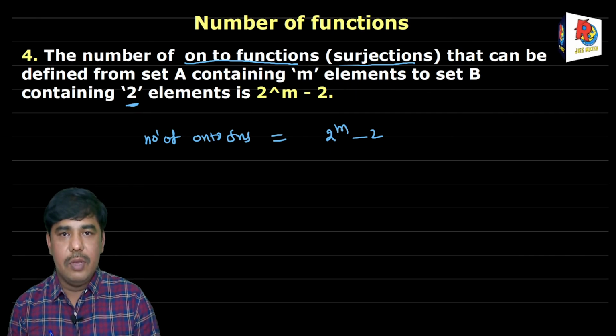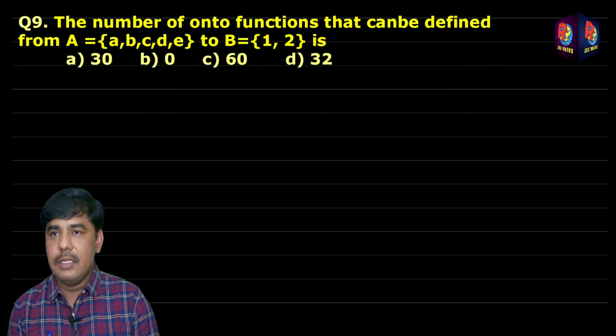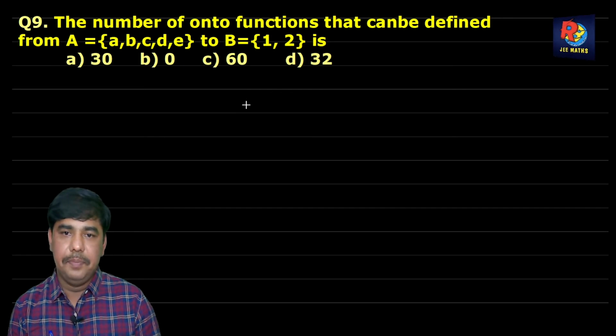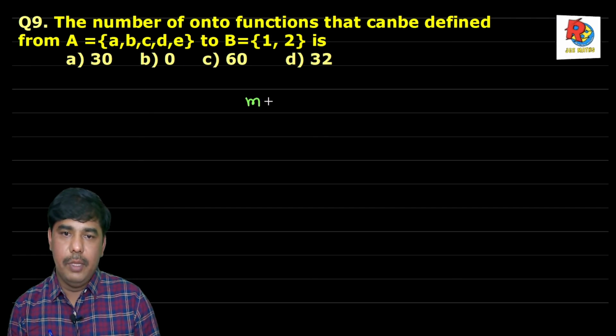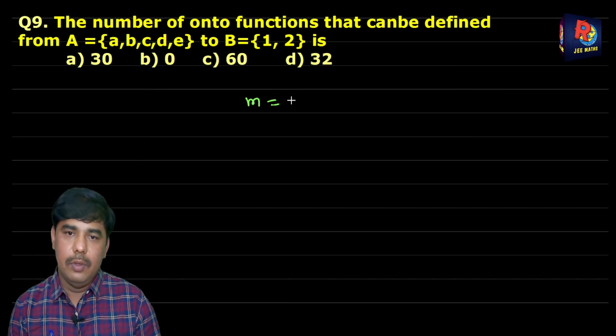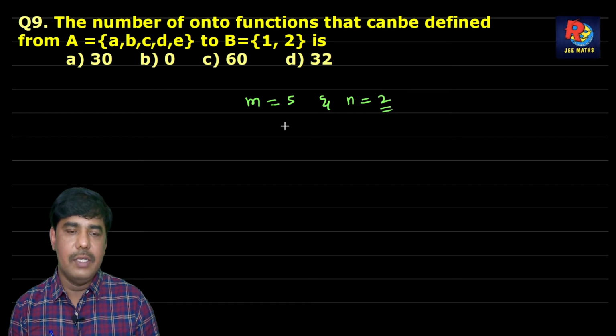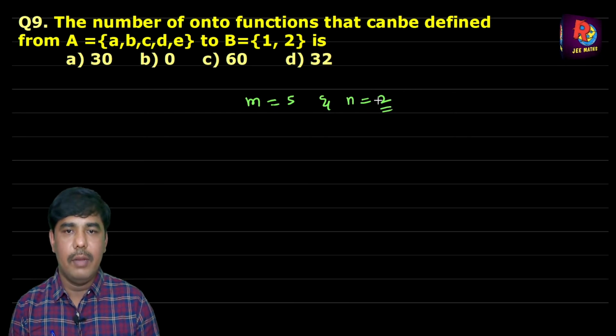For this, we will discuss one example. Here m equals A, B, C, D, E, 5 elements, and n equals 2 elements only; it is compulsory to take 2 elements.